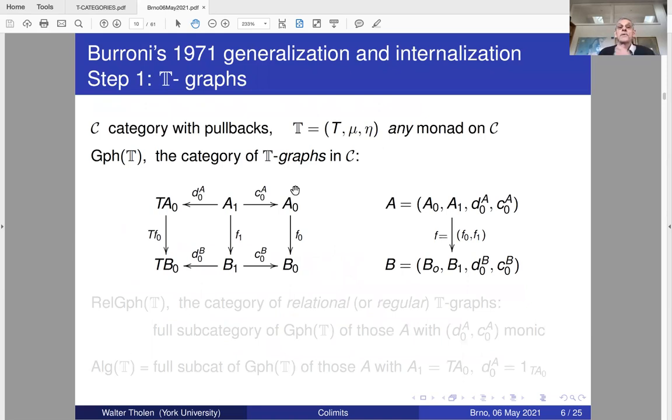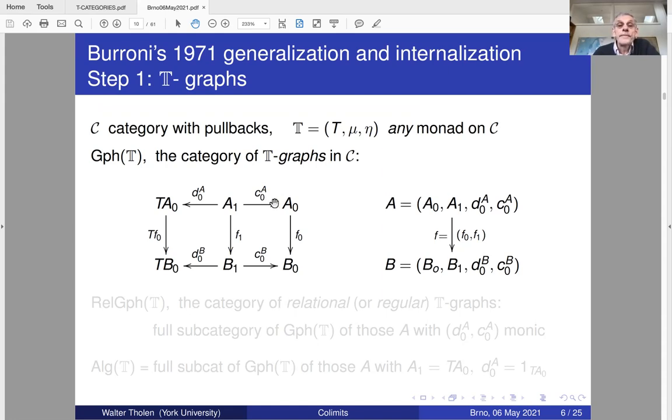All right, so now we just replace sets by any category with pullbacks, and we take any monad on that category. There's no requirement of good behavior of the monad with the pullbacks at this point. In order to define T-categories, let's first define T-graphs.